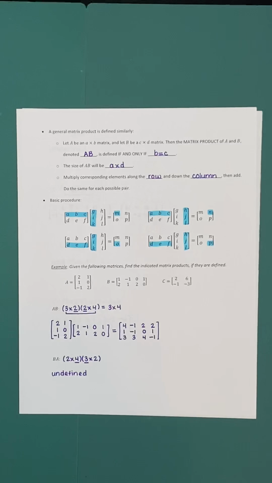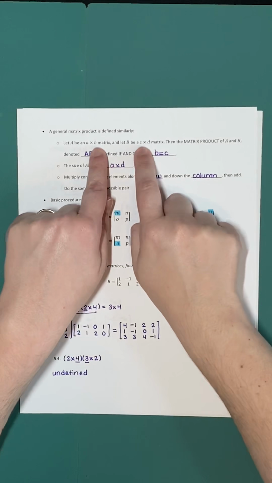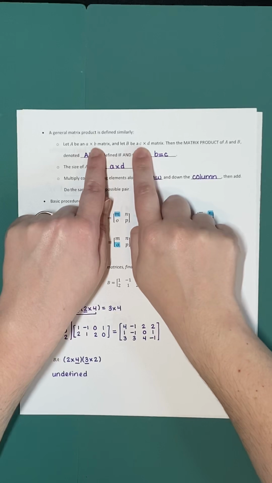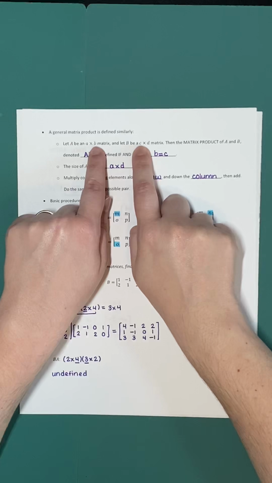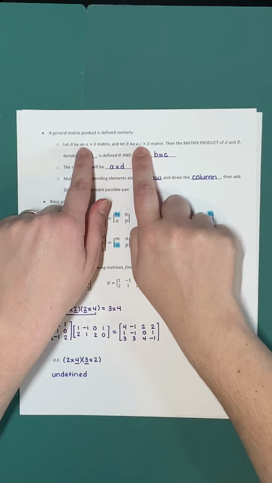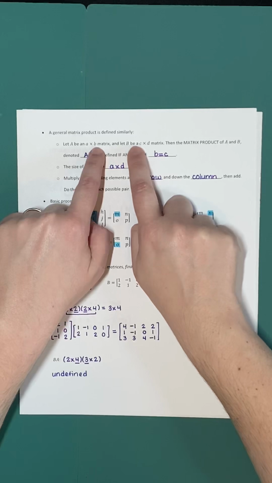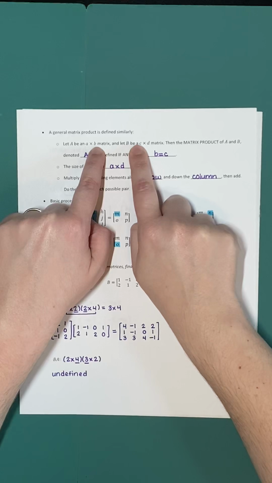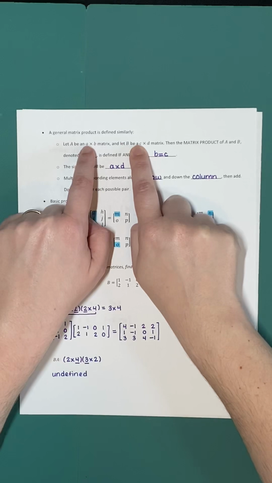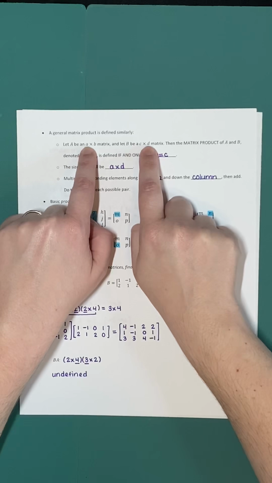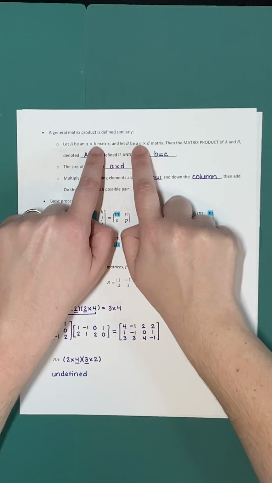What are we going to get as our answer? Well, as it turns out, we're comparing those two inner dimensions to make sure that our matrix multiplication is defined. The answer is actually going to have the outer dimensions. So B and C, those are the ones we're comparing to make sure that the multiplication is defined. The remaining two numbers are A and D. Those are the outer dimensions. So we're comparing the inner dimensions.